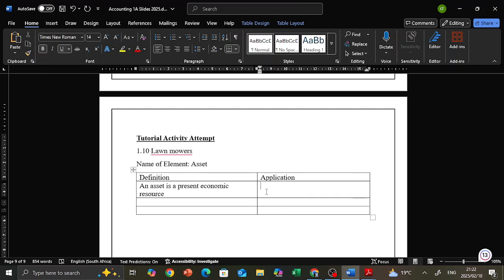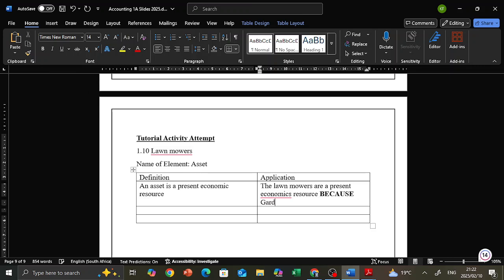Okay? So I'm going to type that out as fast as I can. The lawnmowers are a present economic resource because Gardens is the reporting entity.